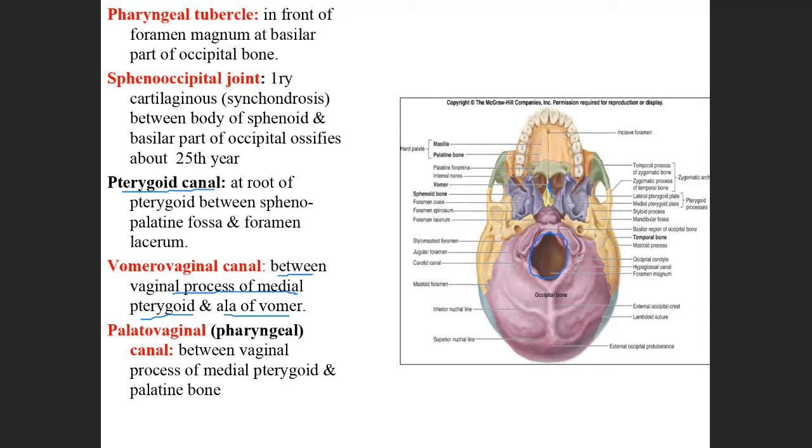In this area you will find the vomerovaginal canal and the palatovaginal canal, also called the pharyngeal canal, between the vaginal process of the medial pterygoid plate and the palatine bone.